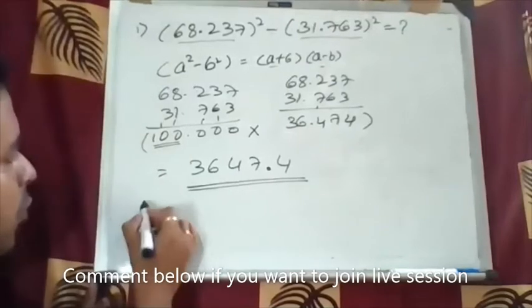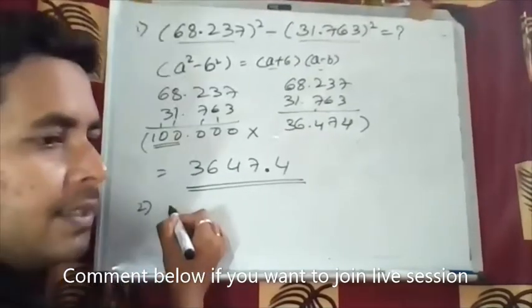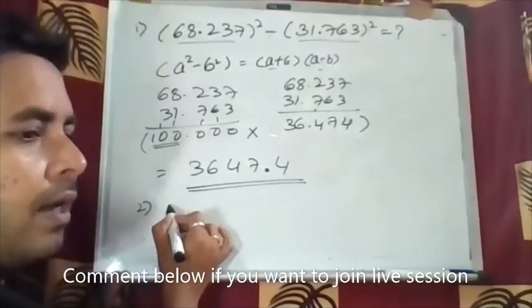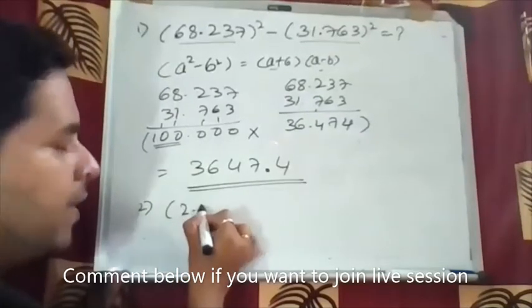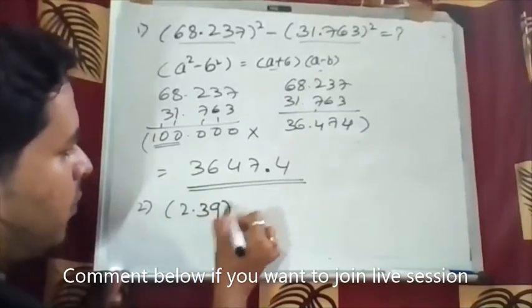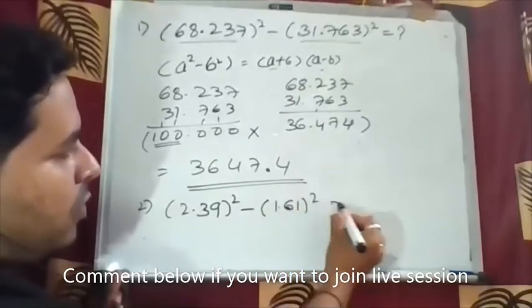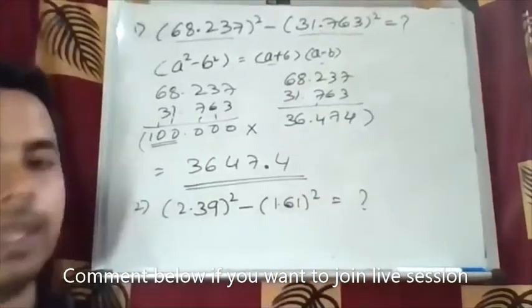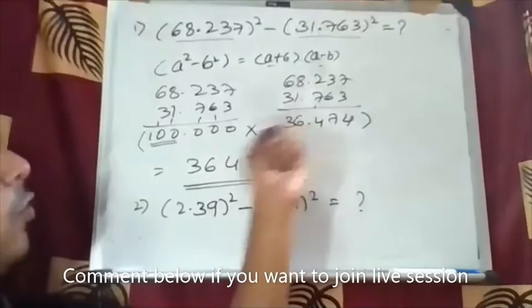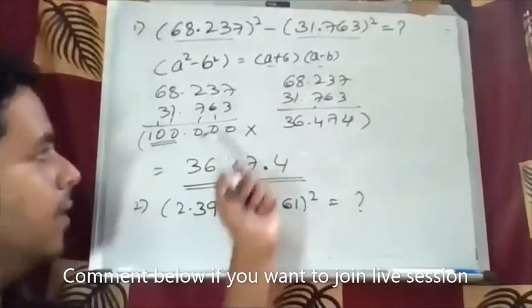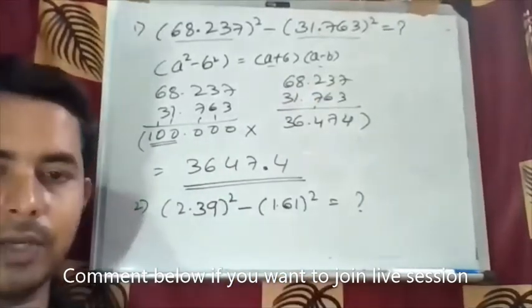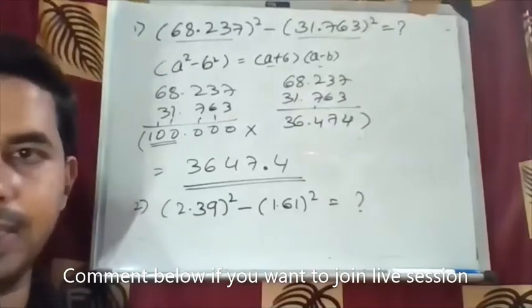I'll give one more question. You people try this now. What will be the answer of 2.39 square minus 1.61 square? Keep in mind, after adding and subtracting these two, you have to multiply them, then only you'll get the answer. Tell me what the answer will be.